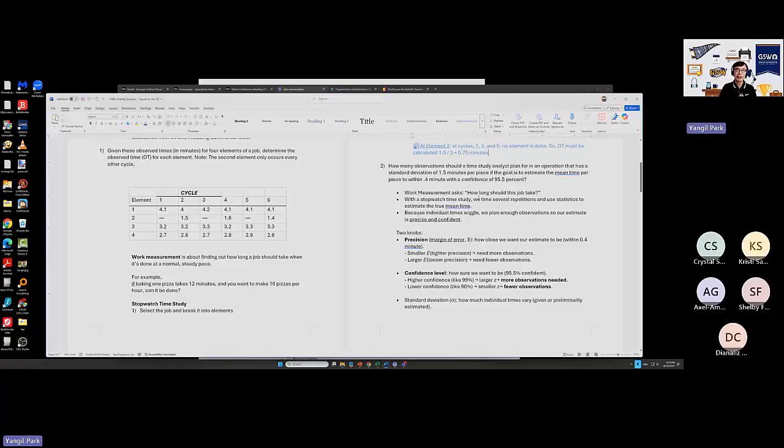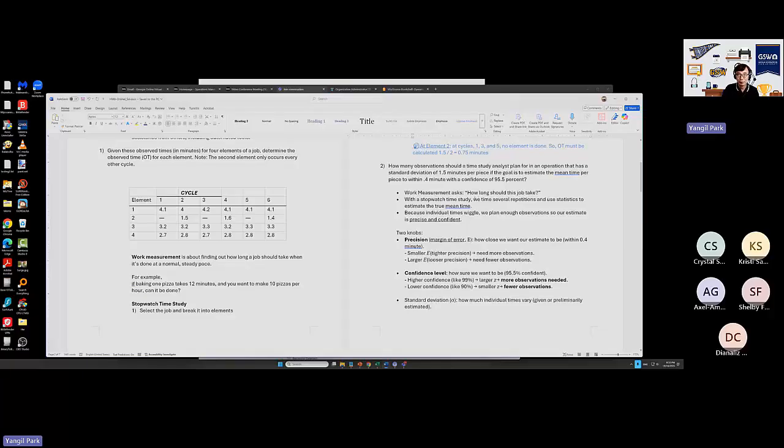What we're trying to do is measure our tasks, how long each task or element should take, and then how many times we need to do it. That's the problem here: how many observations we need. 100, 200, 300? Of course it's more accurate if you measure every second, for example, but it takes time, money, and all that, so we need to compromise.